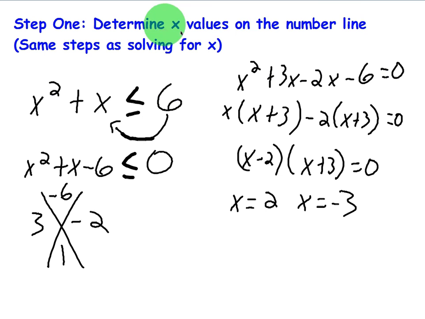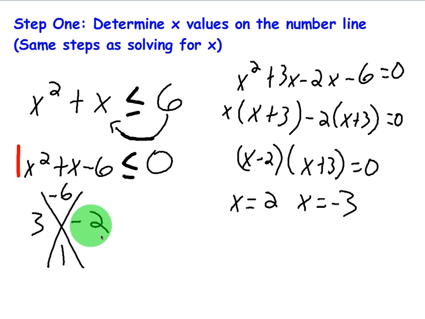So again, let's read this step. Determine the x values in the number line. It's the same steps as just solving for x. So subtract 6. Once we get everything on one side, we can use the X method. 1 times negative 6 on top, 1 on bottom.